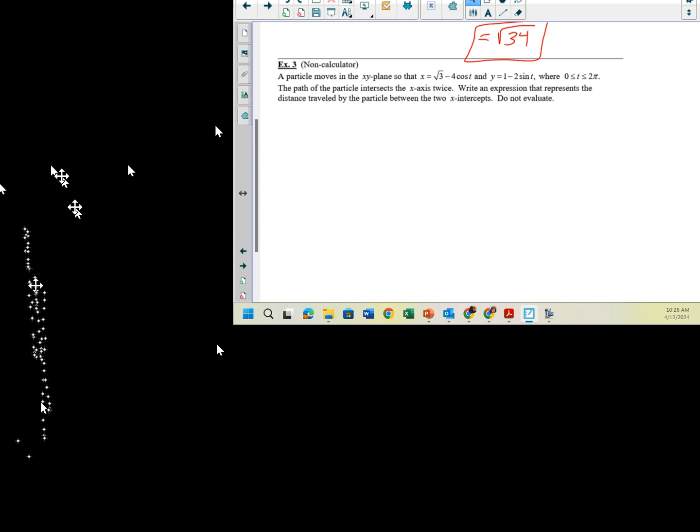Yes, no? Hey, Esau, what did you tell me you know how to do? I said y equals 0. Why? Because that's when it intersects the x-axis. I love that idea.